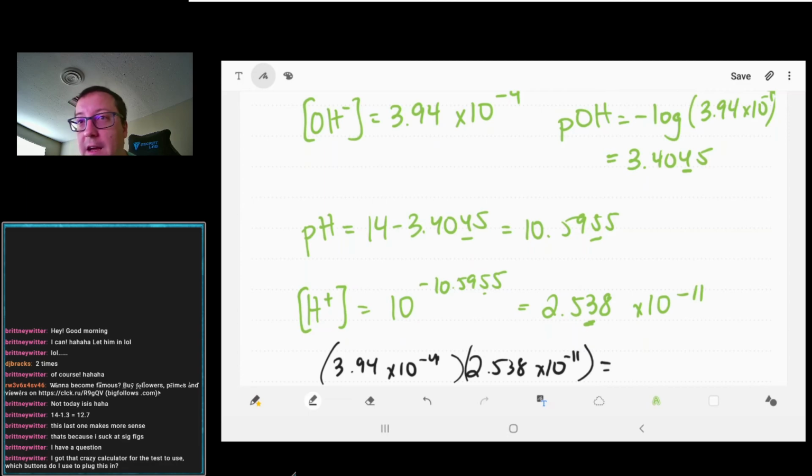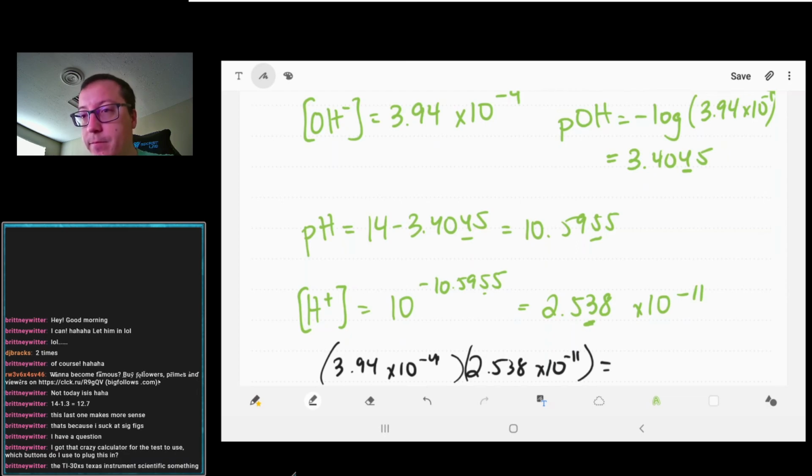Is it the TI 30 whatever XS? Okay, you do have that one. Okay, yeah, I can show you how to use that. There should be a log button.